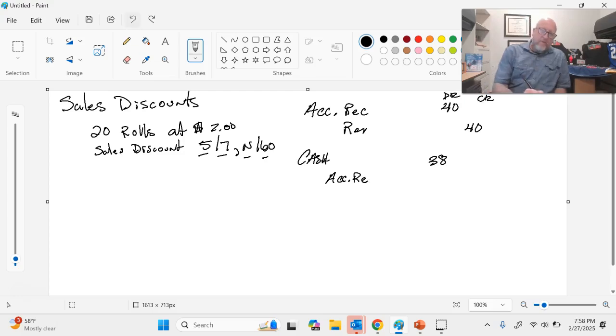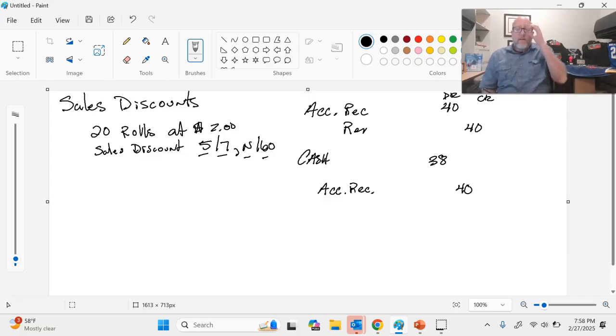So I will credit accounts receivable, 40, and therefore the missing debit is now what we call sales discount. And a sales discount is going to lower my revenue. And if I want to lower revenue, I would do it with a debit.